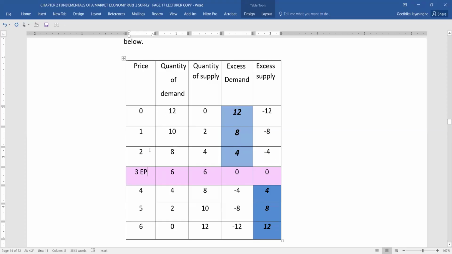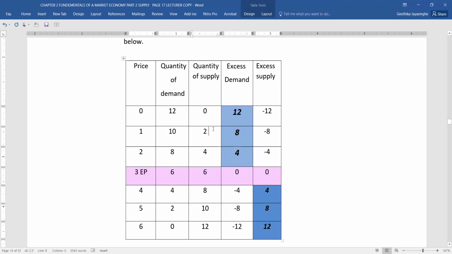So if I take the price of 2, my quantity demanded is 8, but my quantity supplied is 4. So you can see there is an excess demand of 4, the difference. At a price of 1, my demand is 10, but how much do I supply?